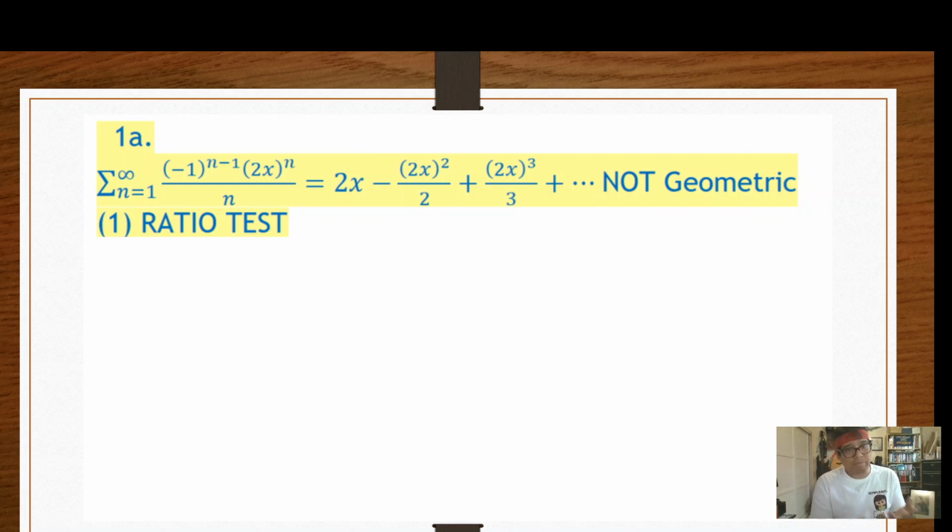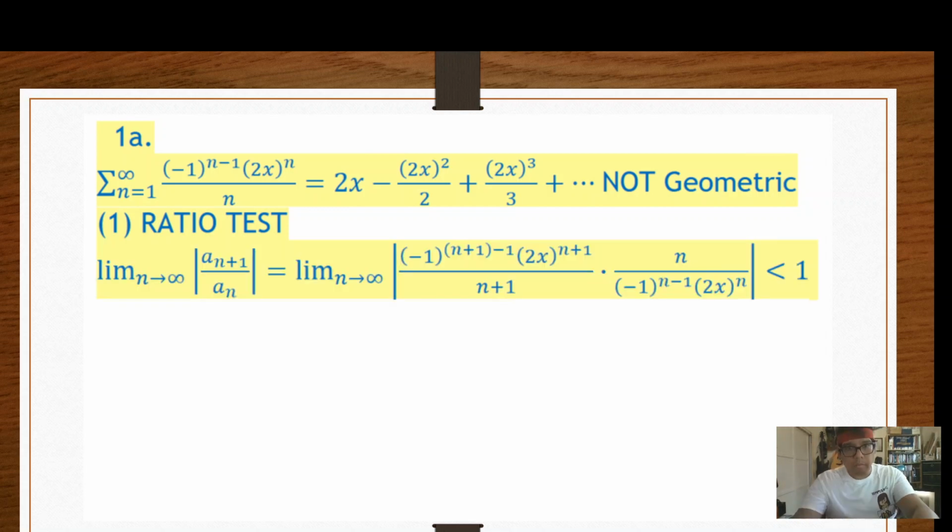There's not the same thing to multiply to get from a denominator of 1 in the first term to a denominator of 2 in the second term to a denominator of 3 in the third term. That's not the way geometric series work. This puts us squarely in the realm of having to use a ratio test.